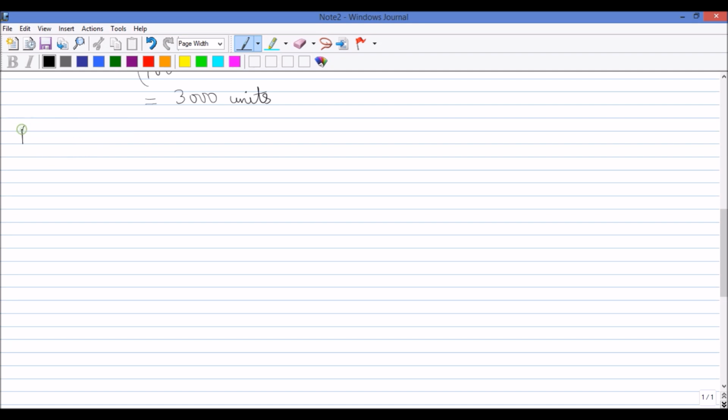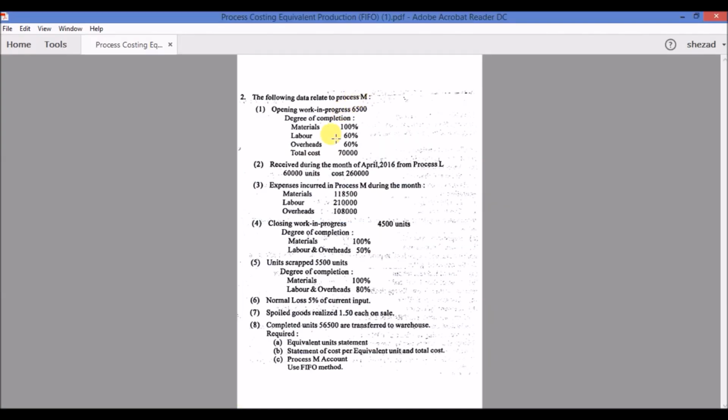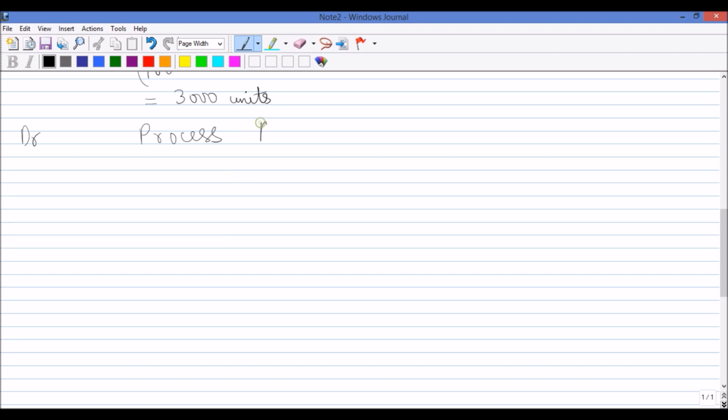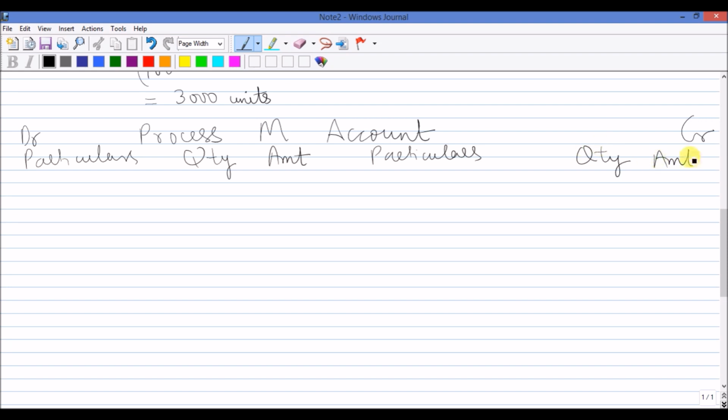I'm going to prepare the process account, which is process M. I've taken lots of space here. This is particulars, then quantity, then amount, and again particulars, quantity, and amount.